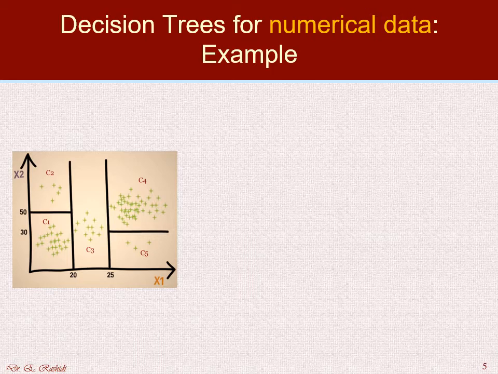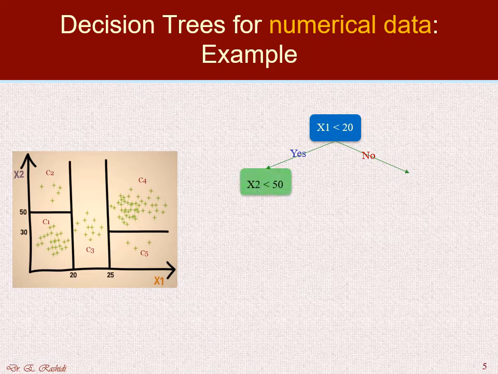So we start with the root node. We started with the feature x1. Is x1 less than 20? Answering this question can distinguish the two classes on the left, class 1 and class 2, from class 3, 4, and 5. Suppose the answer is yes.